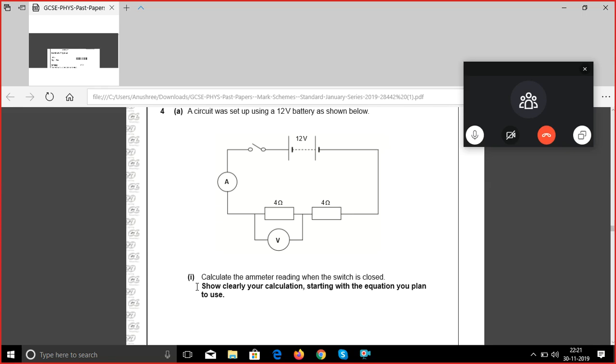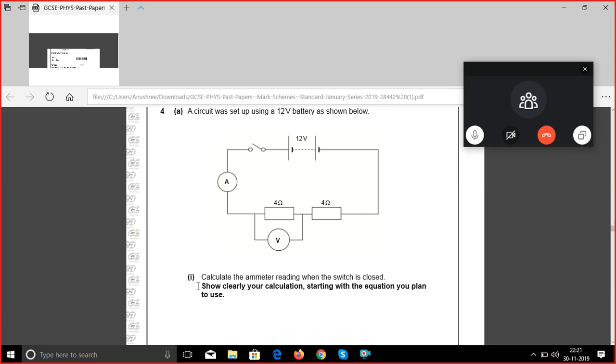So what's 12 divided by 8? I'm just working it out. So it's 1.5 amps. So it's the total current. The current you have calculated is the total current, and it is also the reading of the ammeter, because the ammeter is connected in series.